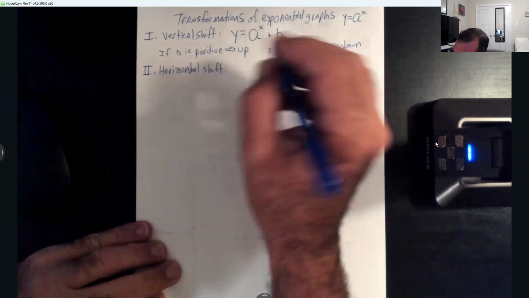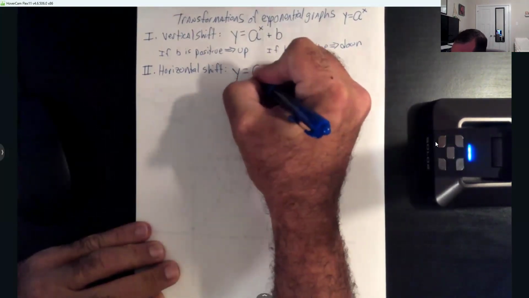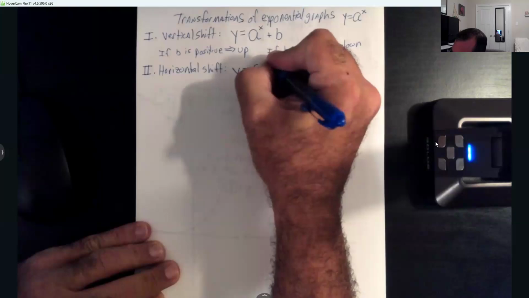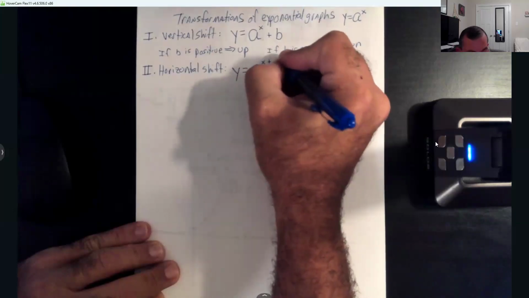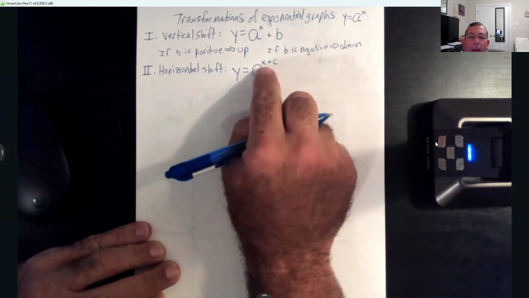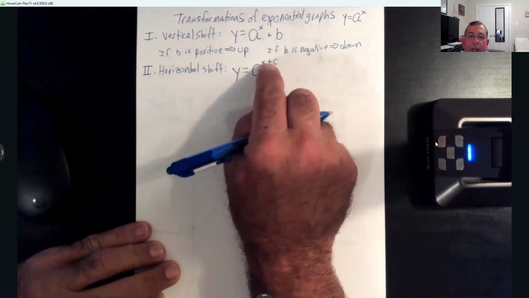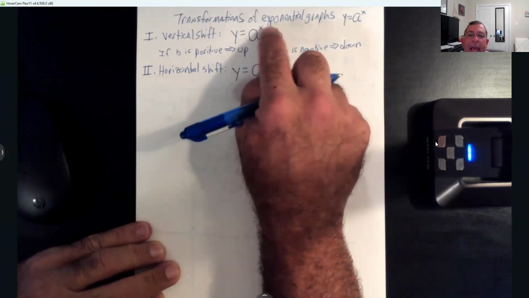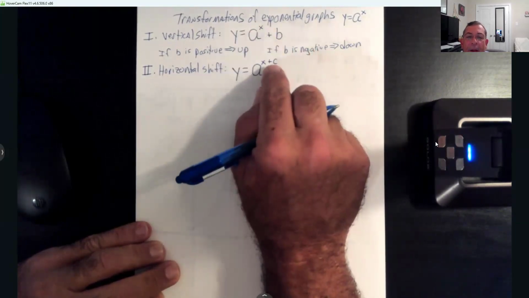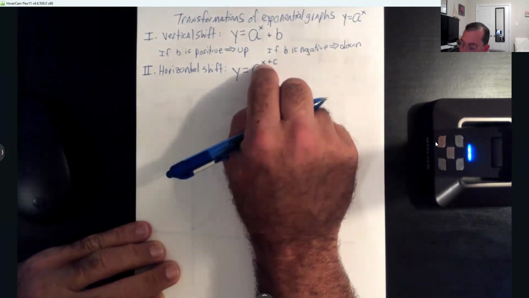So to go left or right, you'll have y equals a to the x plus c. So you're still attacking the x, but it's up here as an exponent now, okay? So notice the difference. This b is being added at the end of the function. C is being added to the actual exponent, okay?